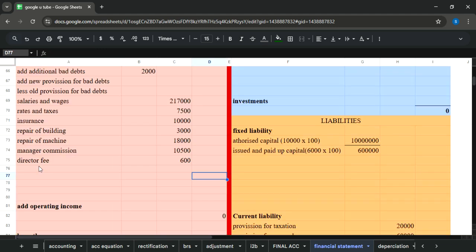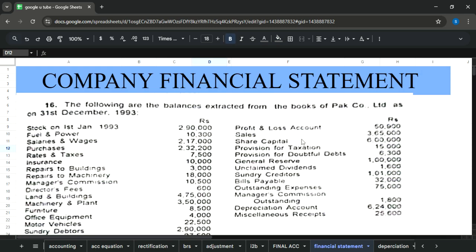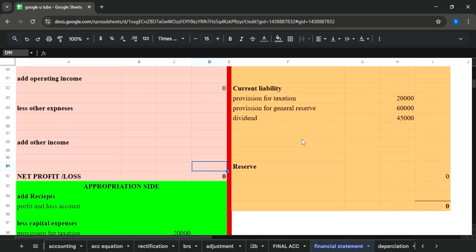Let's see how much the amount is, that is 5,900. Although the pic is a little blurry, 5,900. In appropriation credit side, we are mentioning it.